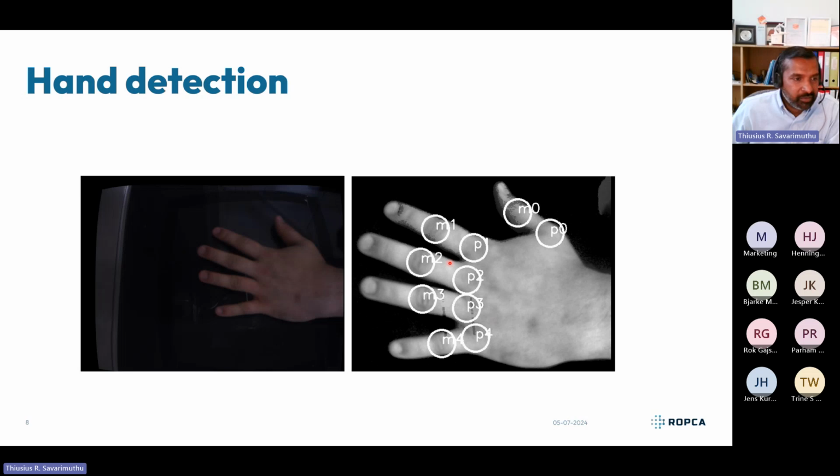So these initial points were used to tell the robot you need to start the search for, for instance, the MCP 1 joint at this particular location relative to the camera, and then based on that we could do the ultrasound search.